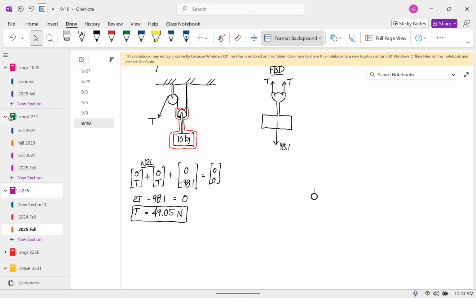But if you start using this system to lift this thing up, you can't get an amount of energy without putting that same amount of energy into it. And so how is it that as you pull this rope with 49.05 Newtons, you're lifting this weight of 98.1 Newtons? Does that violate conservation of energy?